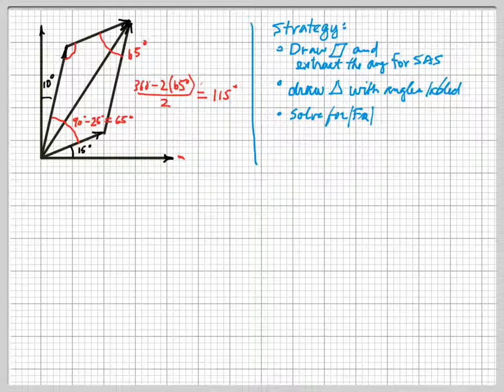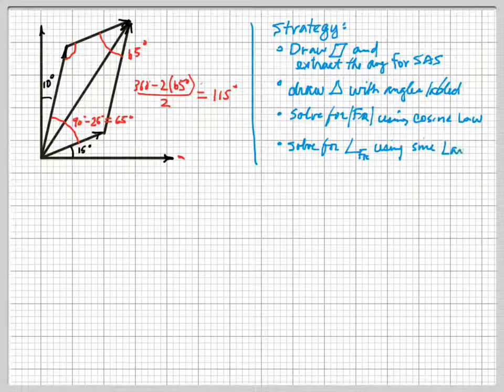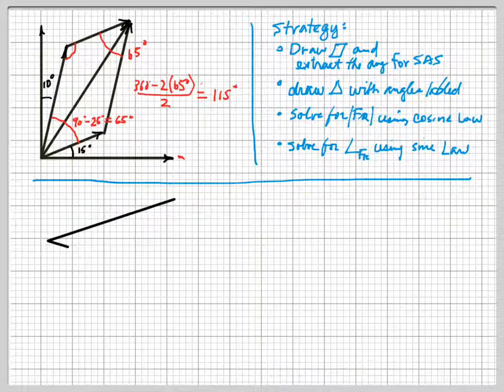So the next thing we'll do, we'll solve for the magnitude of the resultant vector by using the cosine law, and then once we have that, we will be able to turn around and use the sine law to solve for the angle.